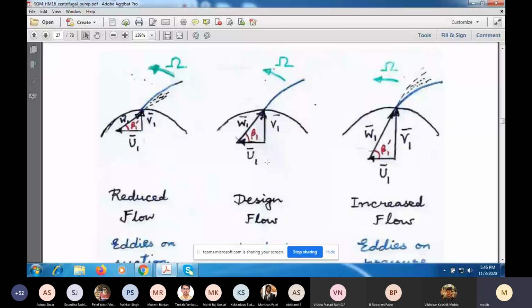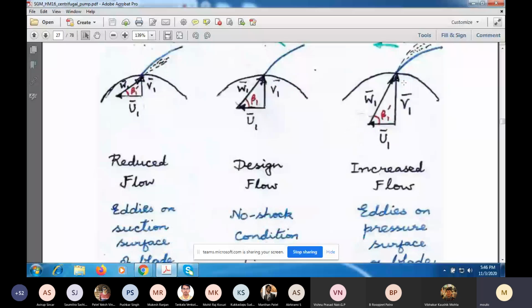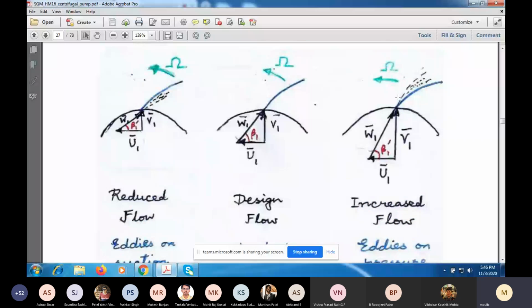Then you will have a triangle which is larger here. This V1 is larger. Now you see again the relative velocity vector will no longer be tangent to the surface, but the flow will go towards the pressure surface here, or leading surface, and there will be eddies formed on the upper surface here. So when the flow rate is less than the design flow rate, eddies will form on the lower surface here, and when the flow rate is more than the design flow rate, eddies will form on the upper surface.